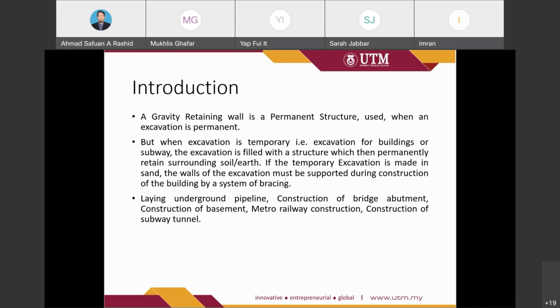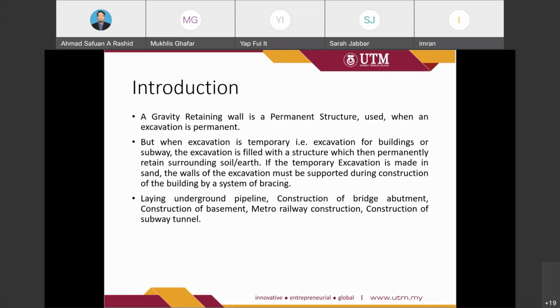For example, construct for a tunnel, so no need to have bracing. But when we want to construct for the terminal of the subway, we need to use bracing, or we can use another system, which we call a tie-back system.